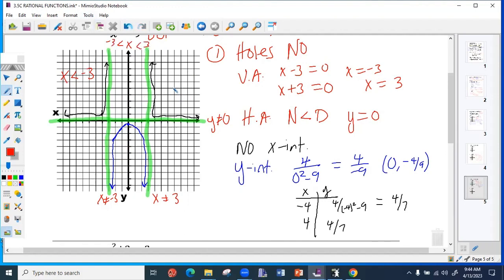And on the right, x is greater than 3. So reading from inequality, this happens to the left, less than -3. This happens between -3 and +3. And this happens to the right, or greater than 3.